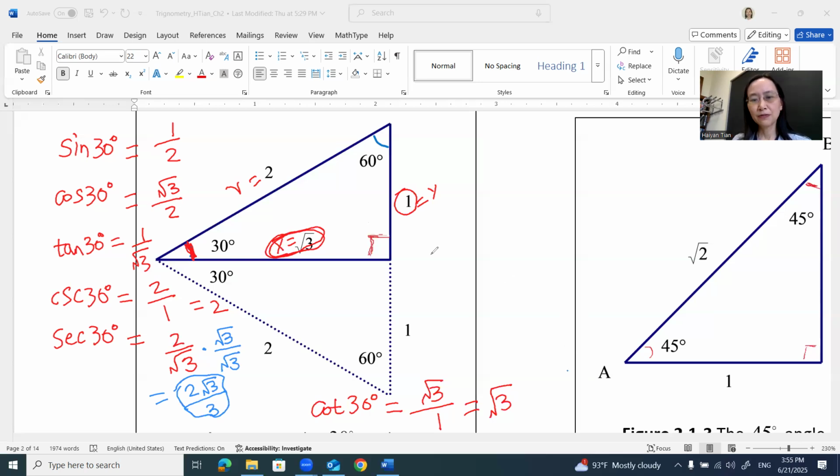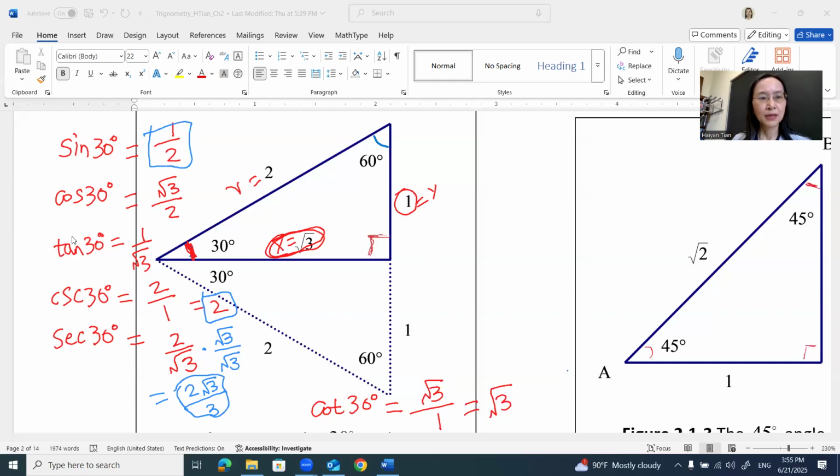And if you look at these values, it's not surprising. The sine is a half, and cosecant is the reciprocal of sine, which is 2.